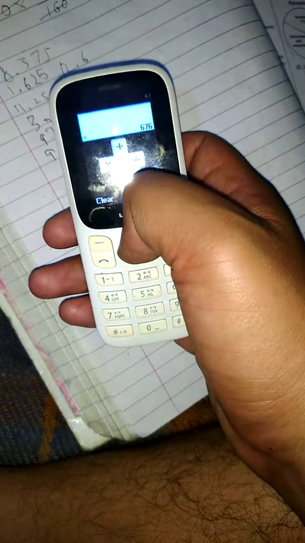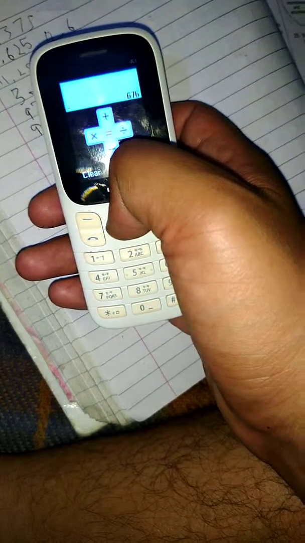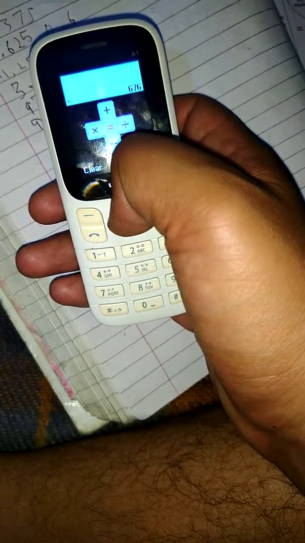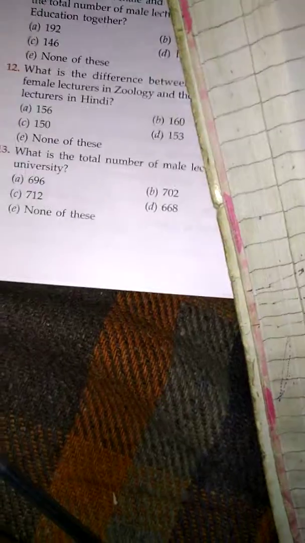We are having 676, but that is not the option. The option is 696. I think that might be the misprint, but we are assuming that there is no misprint, so we're going with none of these for now.